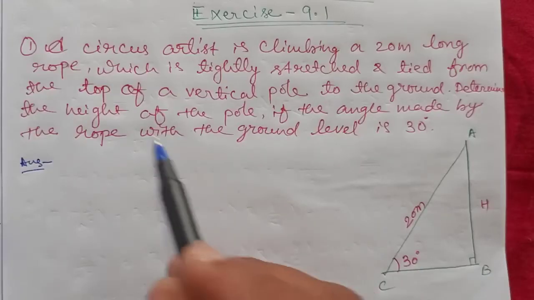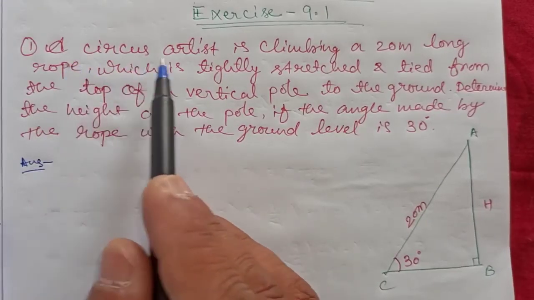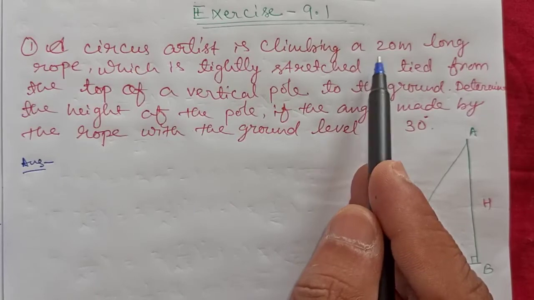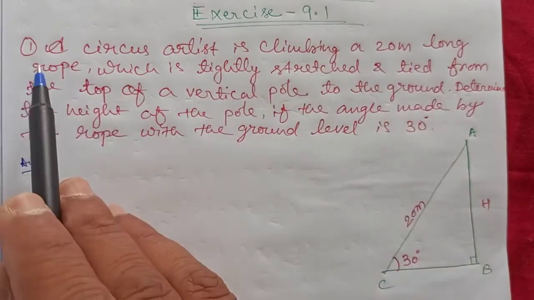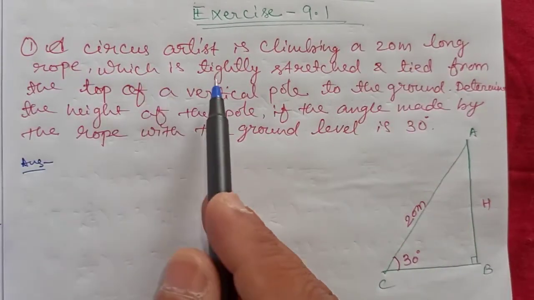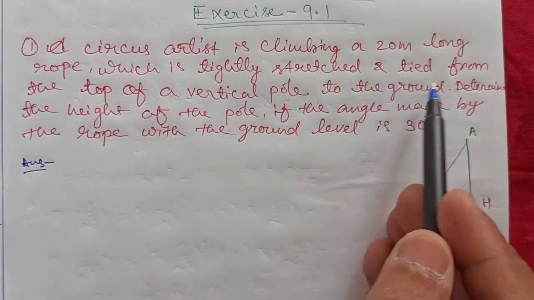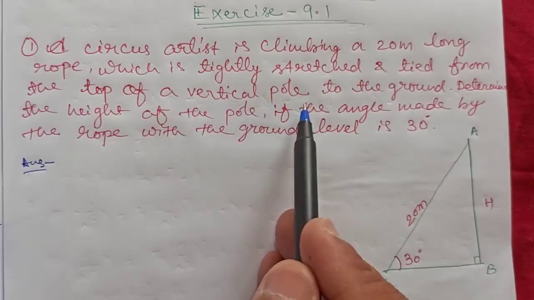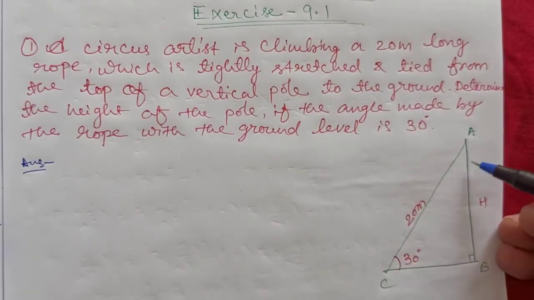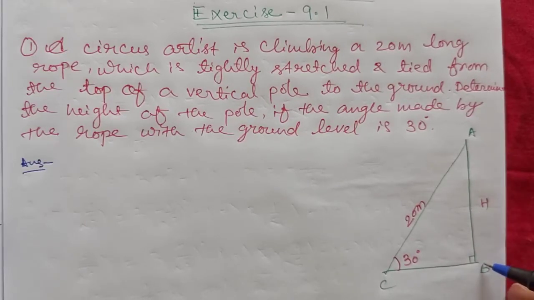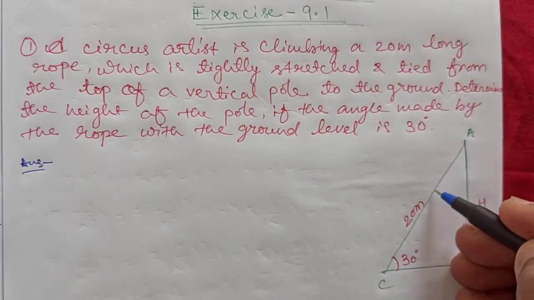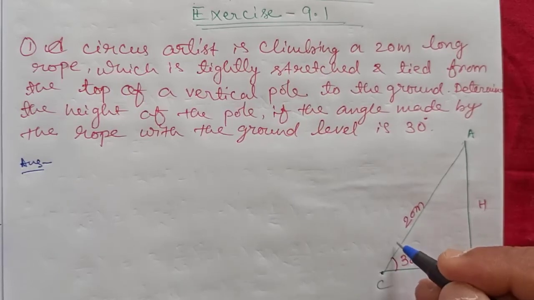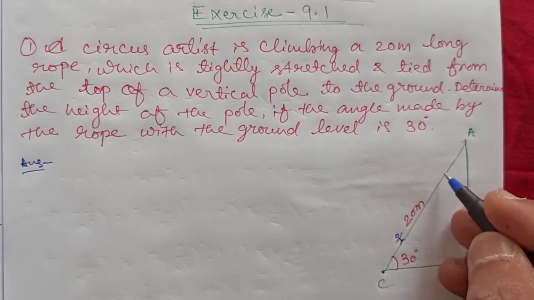The first question of the exercise: a circus artist is climbing a 20 meter long rope, which is tightly stretched and tied from the top of a vertical pole to the ground. There is a vertical pole, suppose AB, and a rope is tied to the ground. A circus artist is climbing the rope.